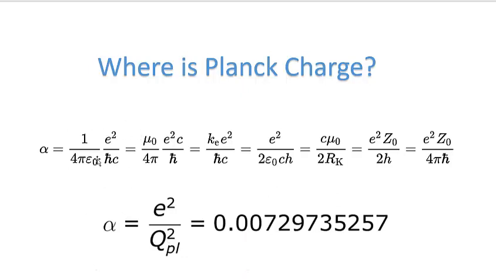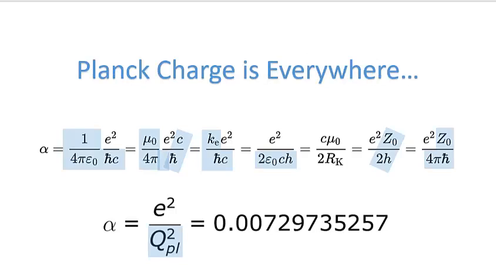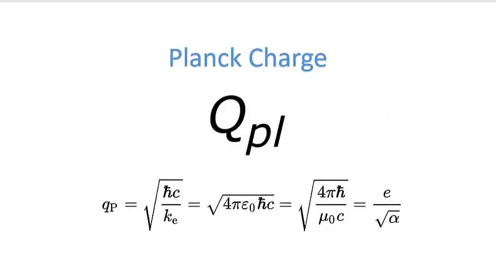Because here we have elementary charge squared, and so here is where Planck charge squared shows up in all of these alpha terms. So this is Planck charge squared, and this is Planck charge squared, and this is Planck charge squared, etc.